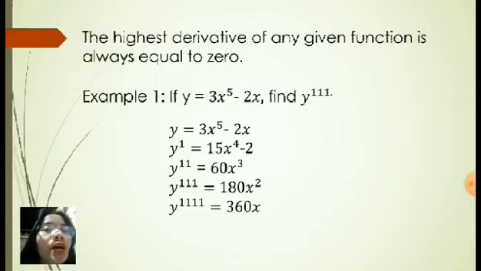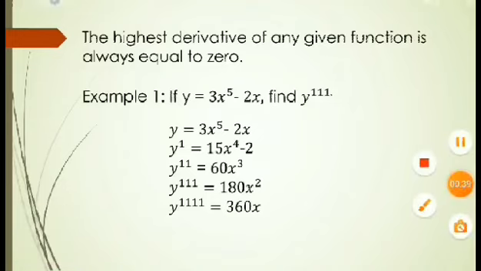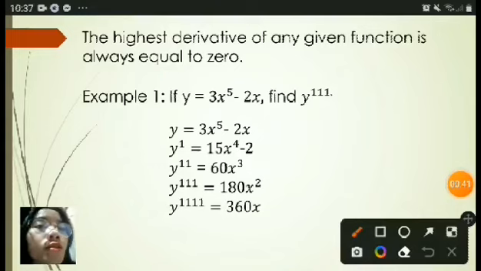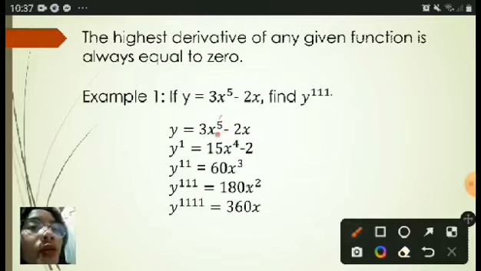So we have our given is y equals 3x raised to the power of 5 minus 2x. So all we have to do is to apply power rule. So 5, the exponent, multiply this 5 to the 3.